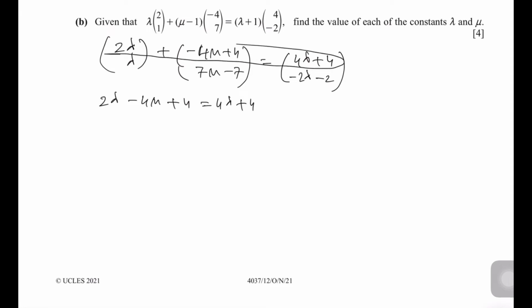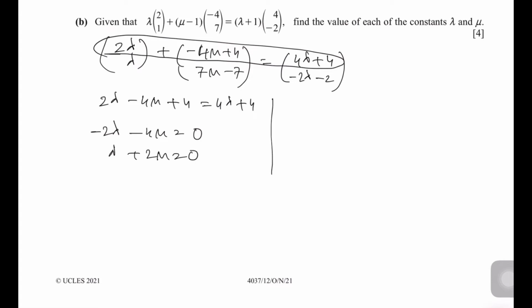The whole thing I wrote and form an equation. So this 4 will be cancelled, and then 4 lambda, if it comes in that side, it is becoming minus 2 lambda minus 4 mu equals 0. So lambda plus 2 mu equals 0.